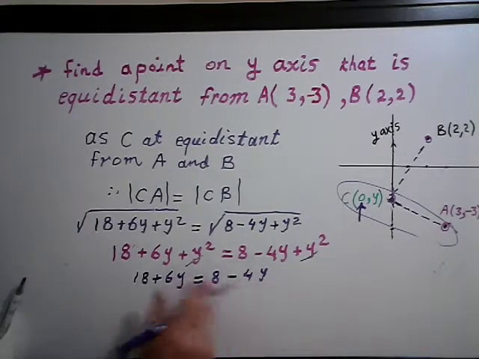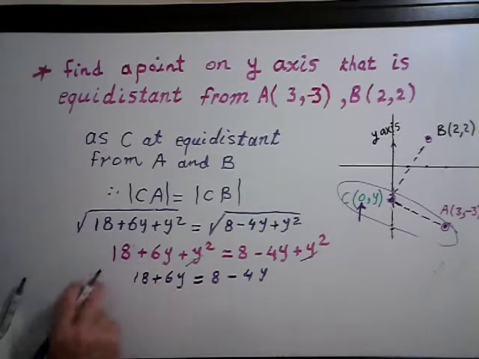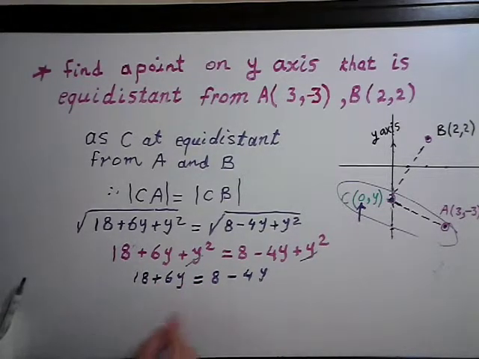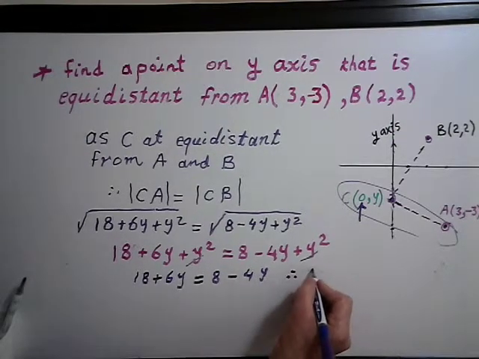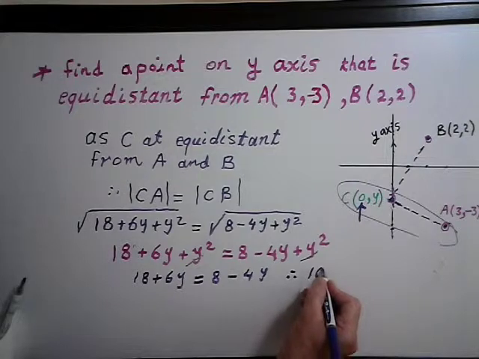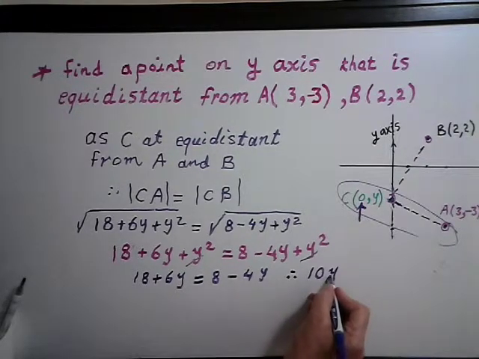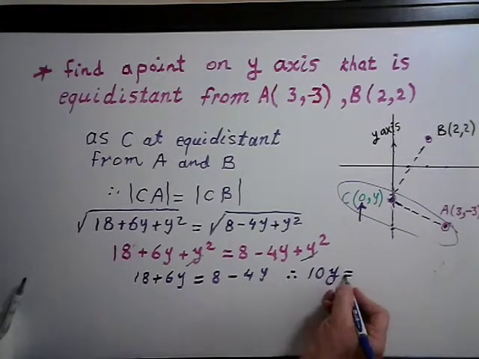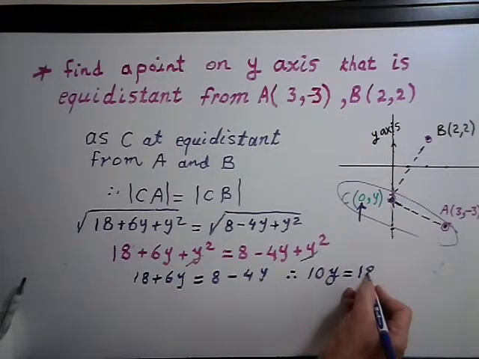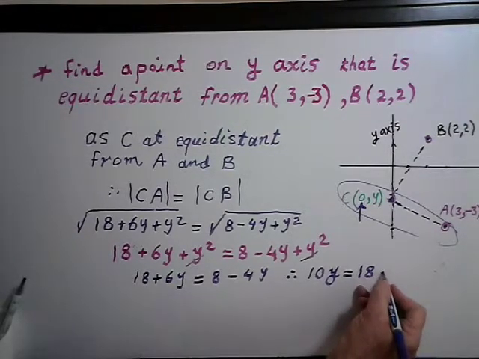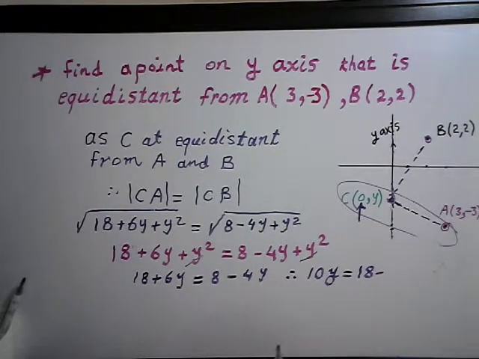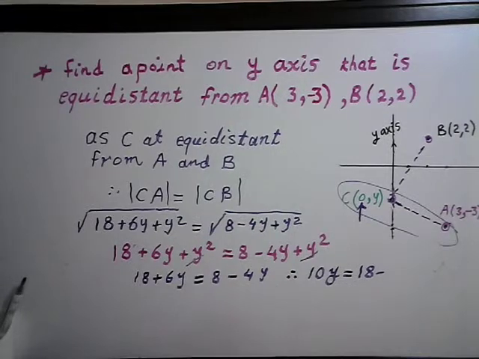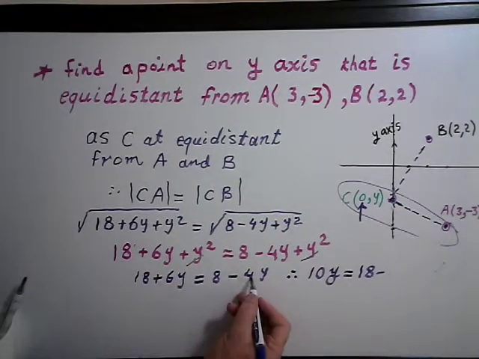Then putting the y's together on the same side and the numbers on the same side, we get 10y is equal to 8 minus 18.